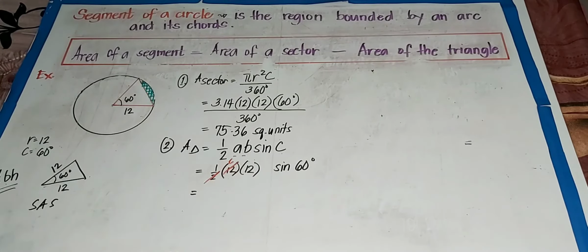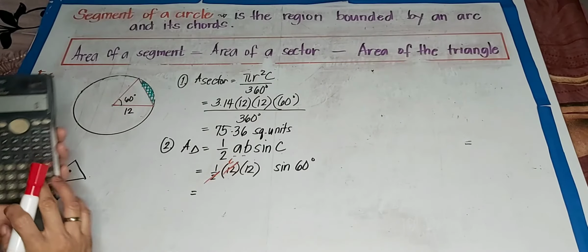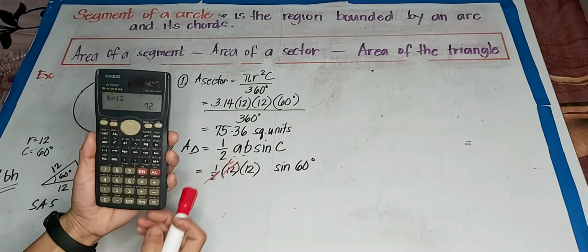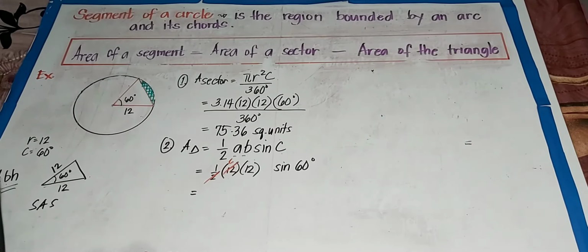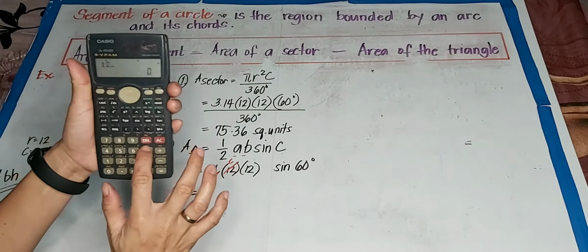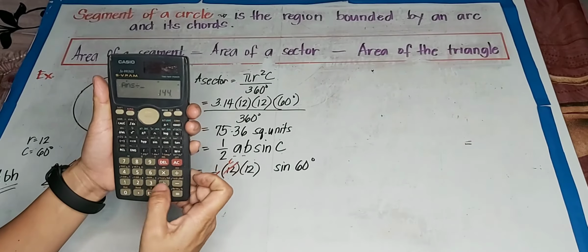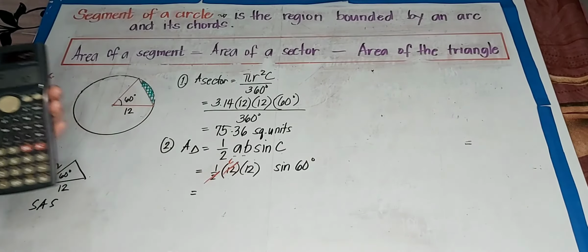Right? So, gawin natin to. 6 times 12, 72. Or, pwede din naman ito na 12 times 12 divided by 2.